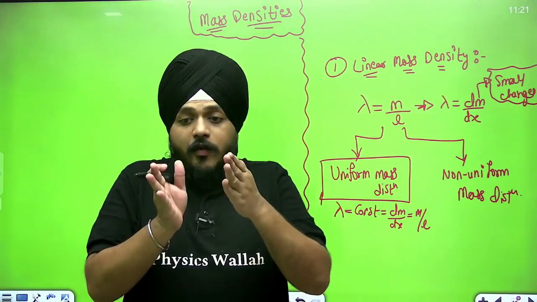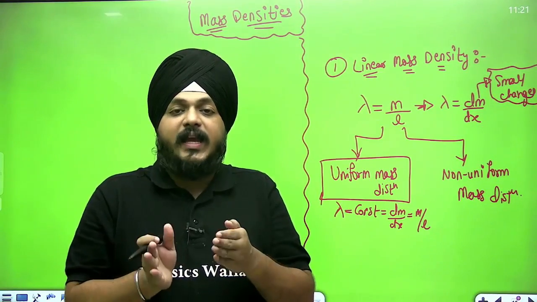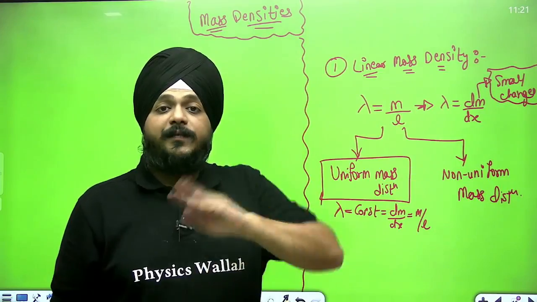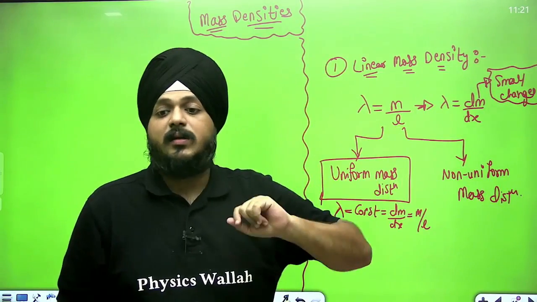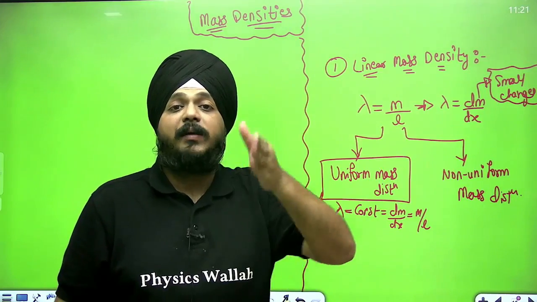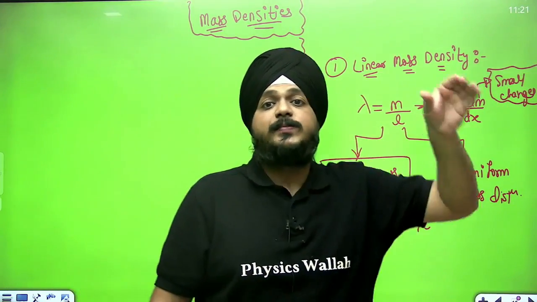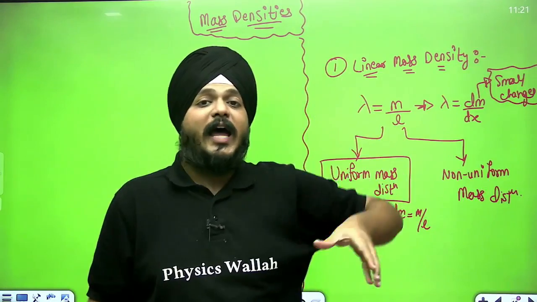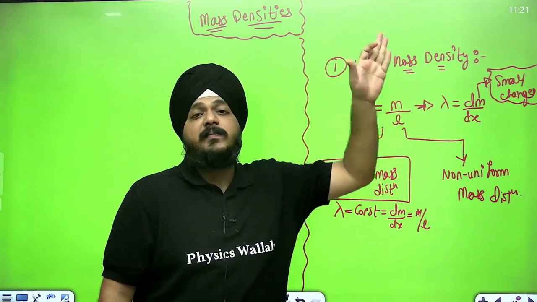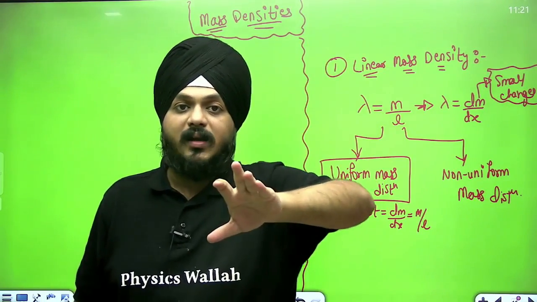If on the first 1 meter we have 1 kg, then on the very next 1 meter we should have 1 kg. On the third meter we should have 1 kg, on the fourth meter 1 kg. This is uniformly mass distributed over the specific length. So uniform mass distribution tells us the linear mass density is constant.